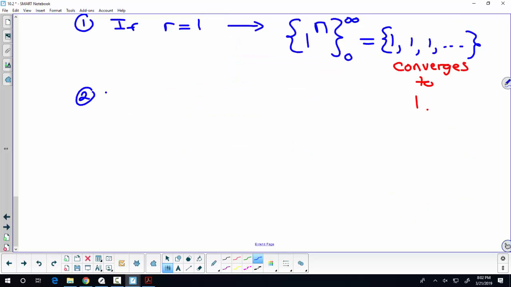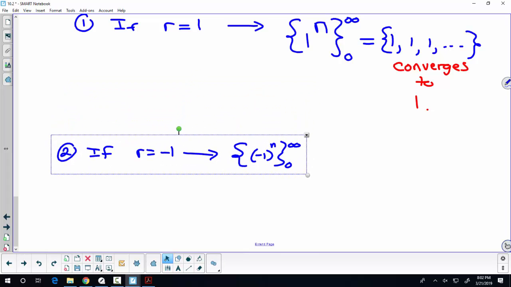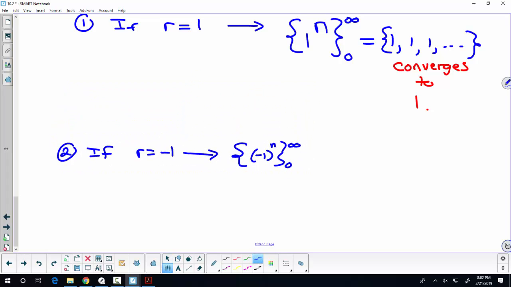So if r is negative 1, we've got negative 1 to the n, 0 to infinity. So our sequence would be what? 1, negative 1, and so on. So that diverges. It's not a single value that those terms are approaching.